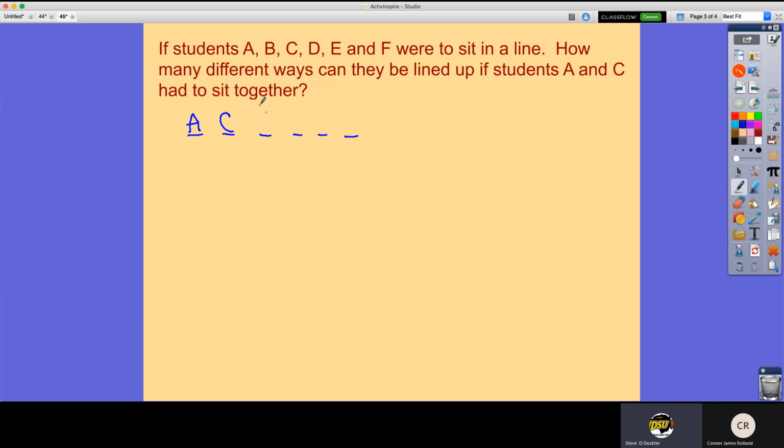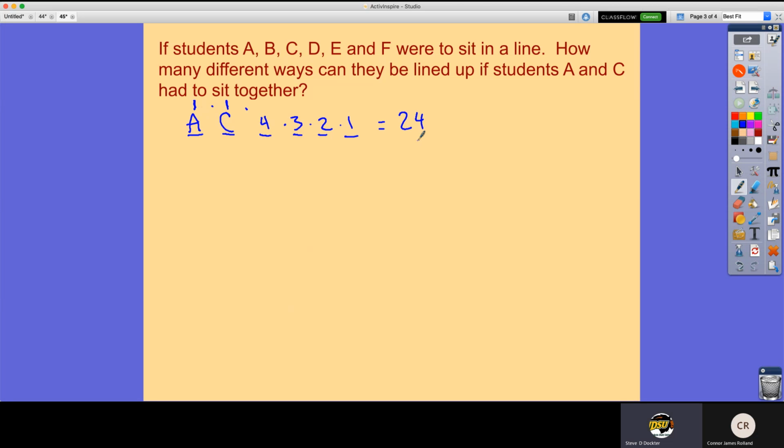No, so how many kids could sit here? 4, and then 3, and then 2, and then 1, right? Okay, and technically, because this is an A, that would be 1 person. And for our C spot, that would be another person. And then we just multiply all of those numbers together. So 4 factorial would be 24.